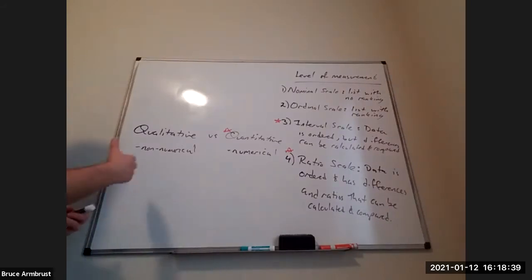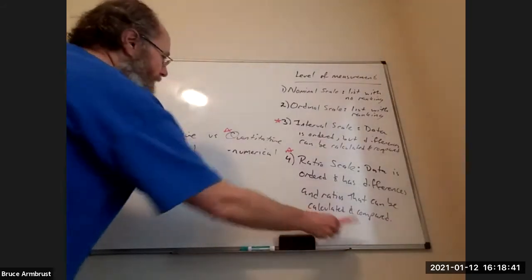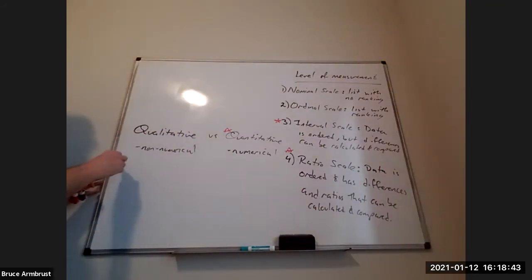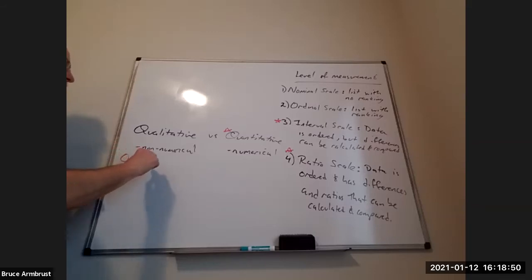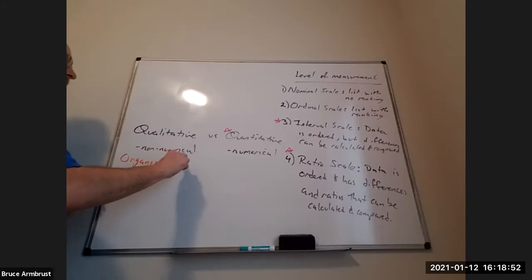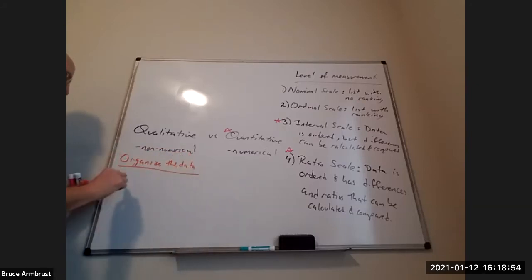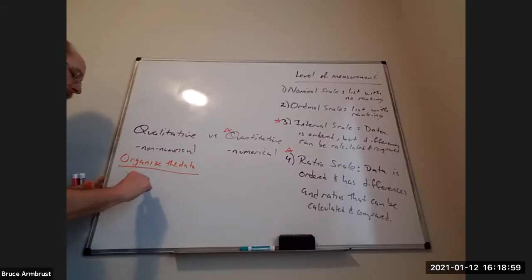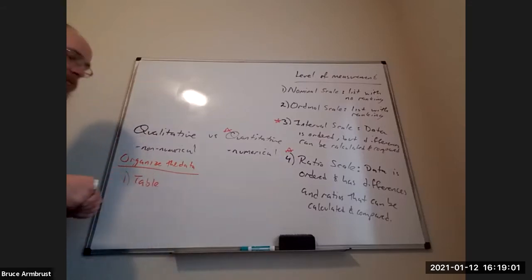So different ways that you can show qualitative. All right, so this is going to be data organization. So the first one that you see a lot with qualitative is just a table.